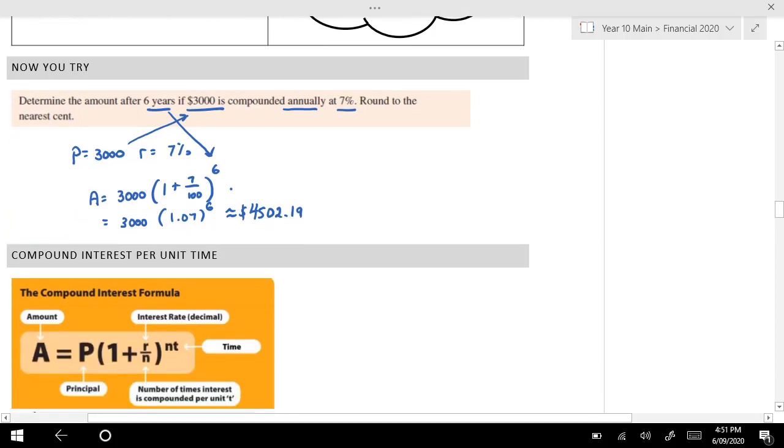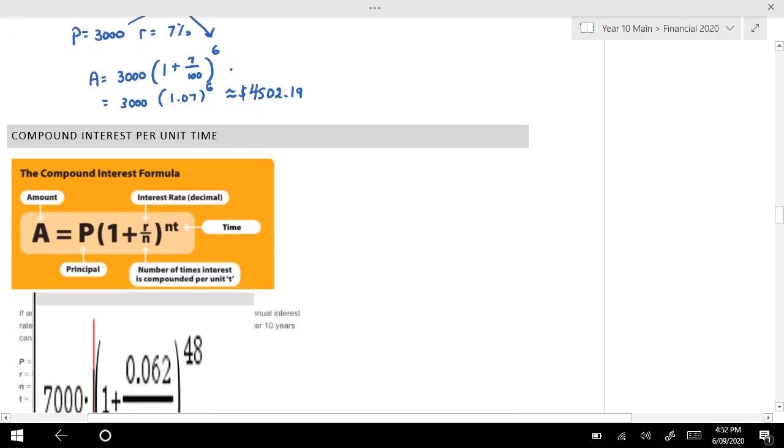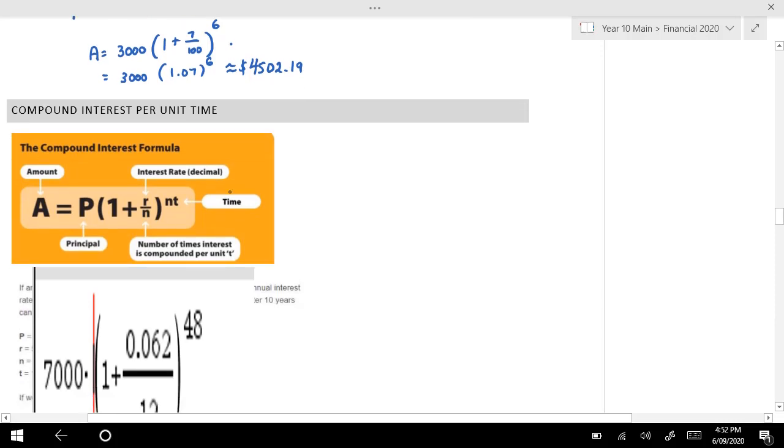And now let's break it down a bit more. Realistically, we start off with looking at years and compounding annually, but this isn't really what goes on in real life. You earn interest on a monthly basis, you get paid monthly by your bank. So let's have a look at this time. What happens if we're looking at compounding per month?